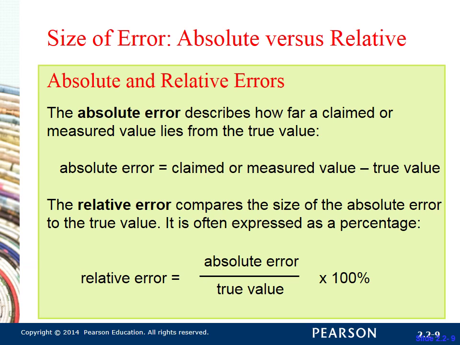So when you divide absolute by true, you'll get a decimal. When you multiply it by 100, you'll move it over 2 decimal places. Then you do your rounding from there. So whenever you're rounding percents, make sure you move it over the 2 decimal places first and then round.